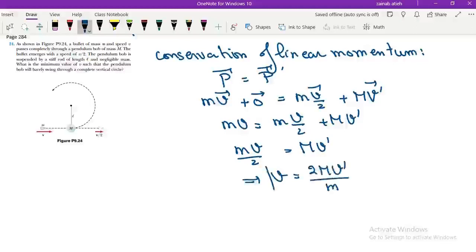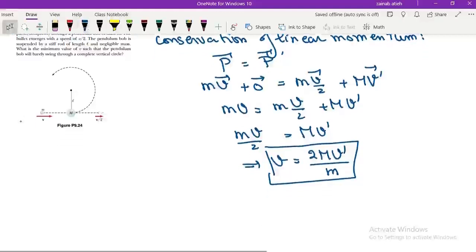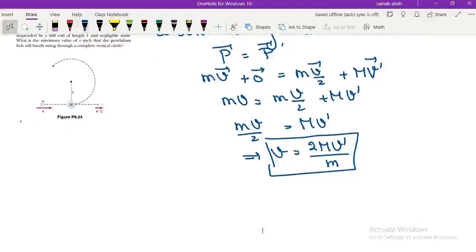This is the speed of the bullet in terms of the speed of the pendulum after collision. Now if I find v prime, I can know the speed of the bullet. Okay, how to find the speed of the pendulum after collision? Remember that I need the pendulum to perform a complete circle. I want the pendulum to reach this point that I will call T.